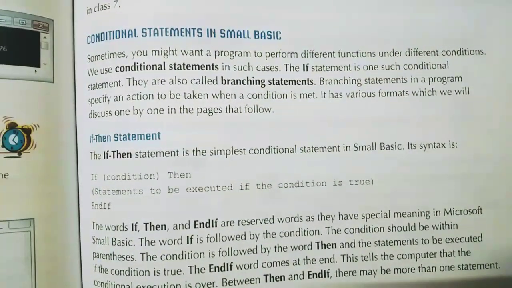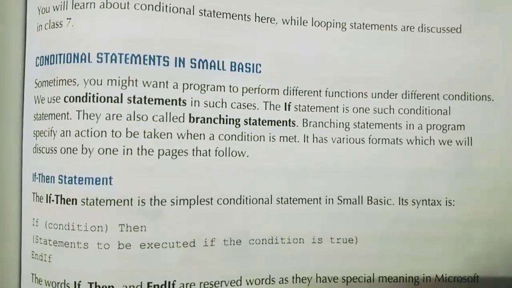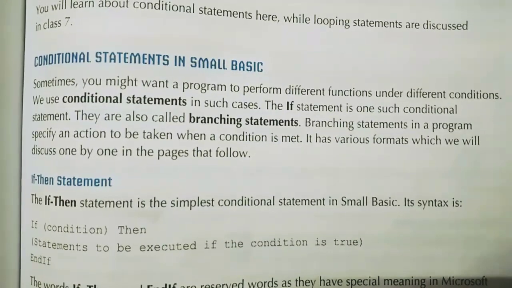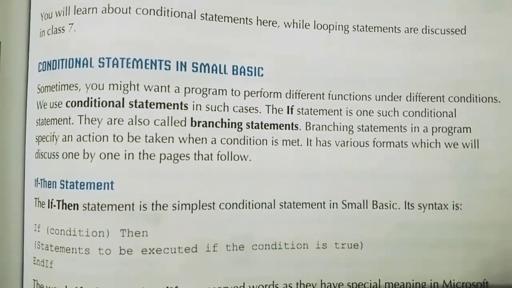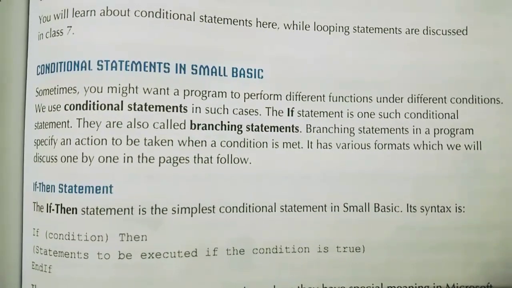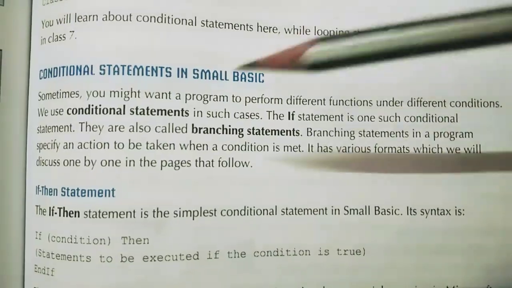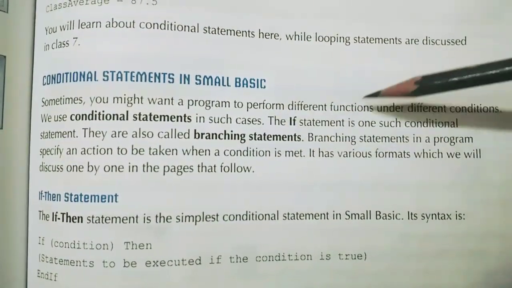That means in any program there are different types of functions. So to implement different types of functions, we give some conditions also. When to implement, when not to implement, what to implement, what not to implement. So we use conditional statements in such cases.